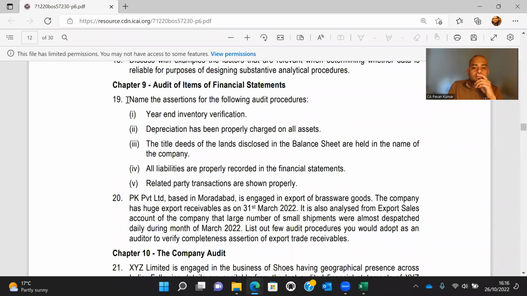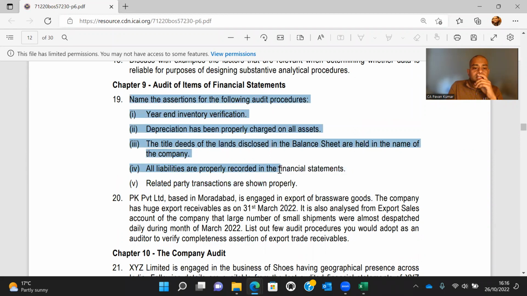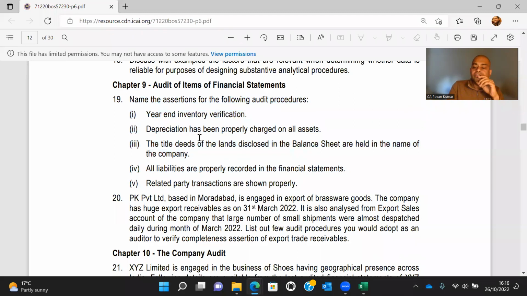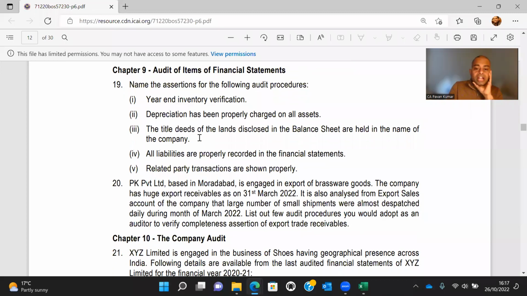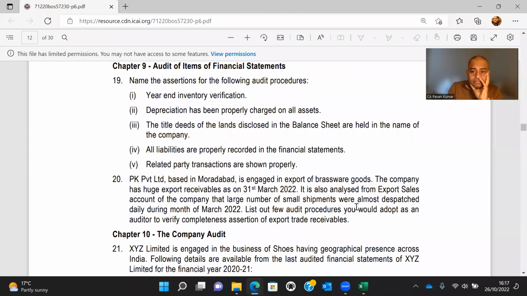See, this is one important question because they will ask this repetitively. Audit of items of financial statements. I have given you a very simple technique. In 5 or 10 minutes, you can learn the whole audit of items of financial statements, which I already told you and which is available in the channel. If time permits, I'll tell you that again. Don't worry about it.